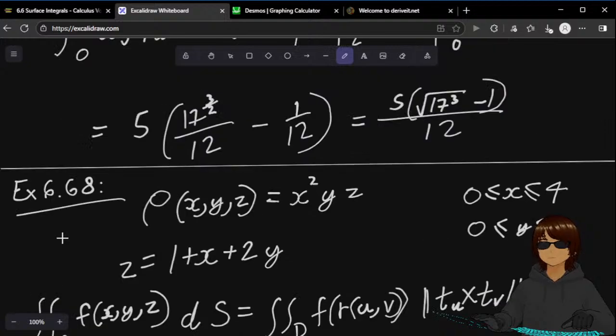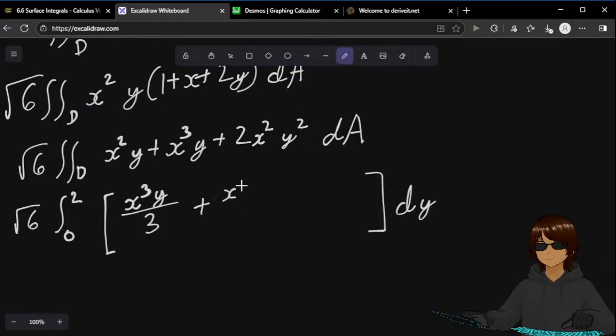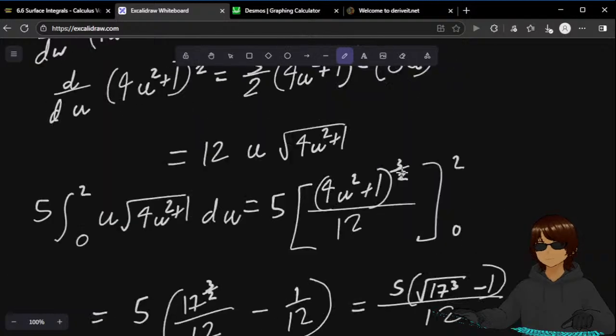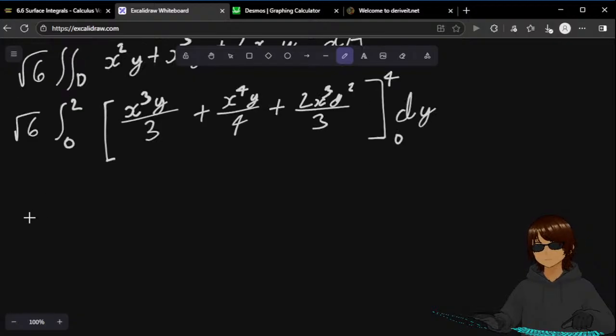x goes from 0 to 4, and y goes from 0 to 2. So when there's 0, no effect.